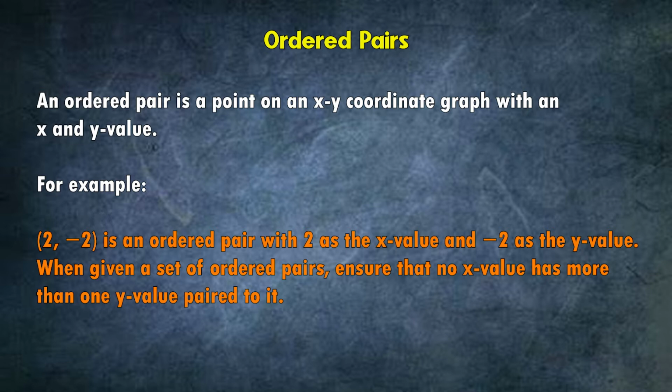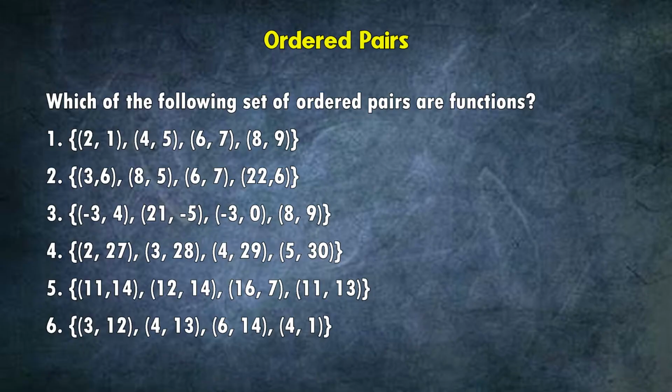When given a set of ordered pairs, ensure that no x value has more than one y value paired to it. If you look at an ordered pair and you can see that the x value is repeating itself, then it is not a function.